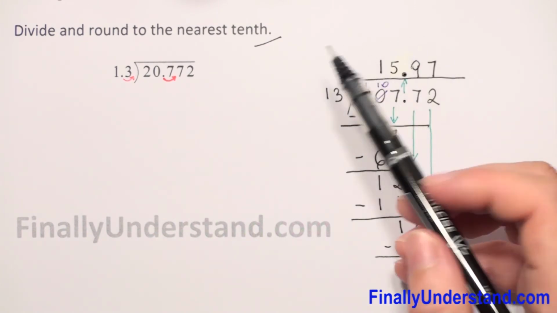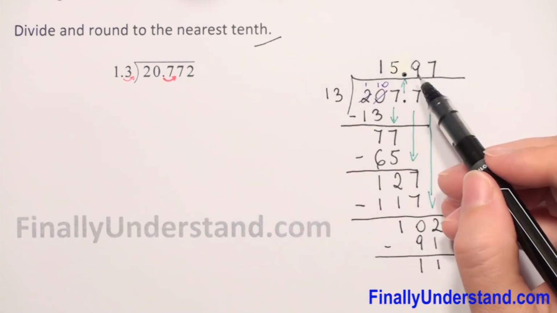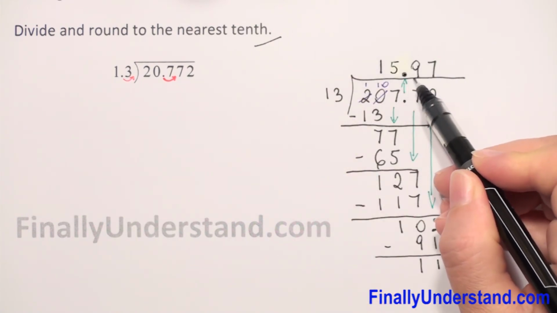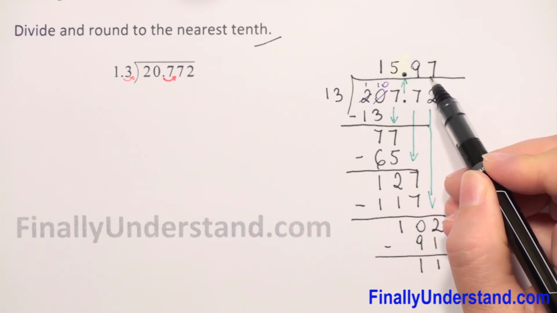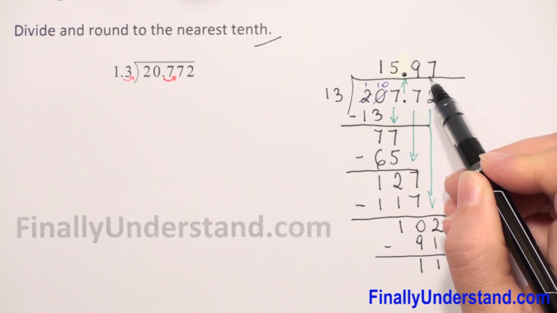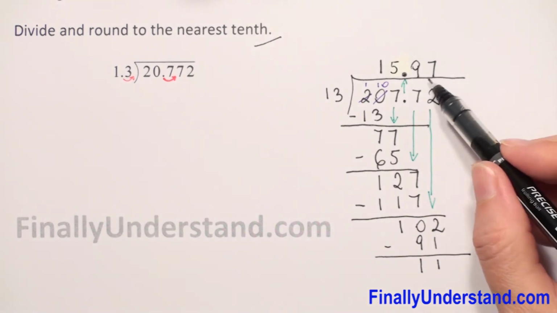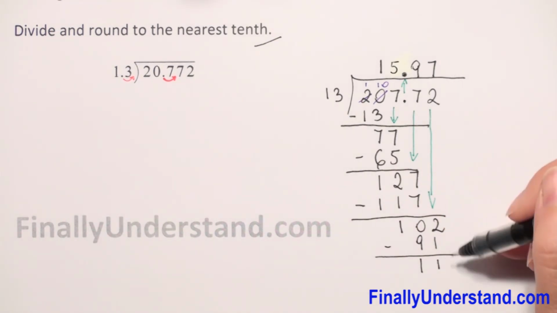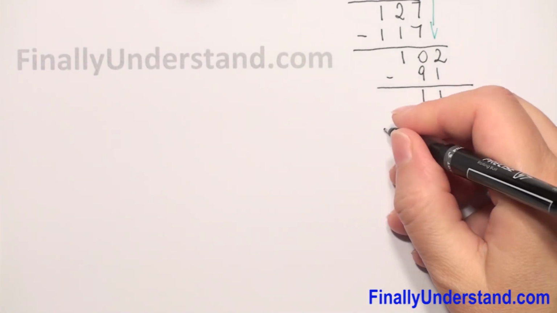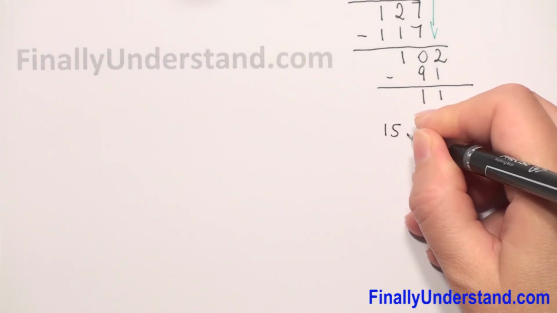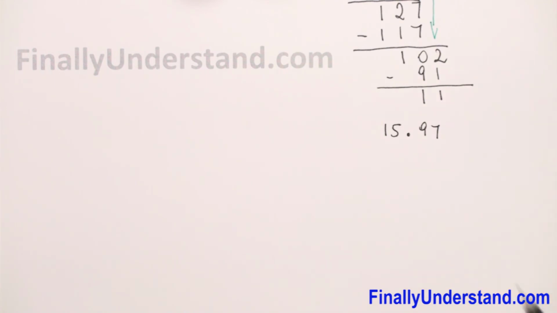When we round to the nearest tenth, the first digit after the decimal point is the tenth, and we need 1 more digit to know how to round. So we don't have to do any more long division. Our solution is 15.97, and next we have to round our number.